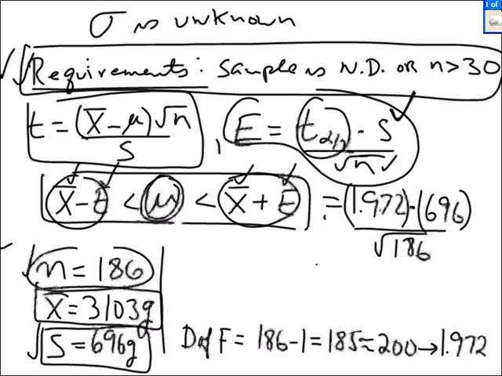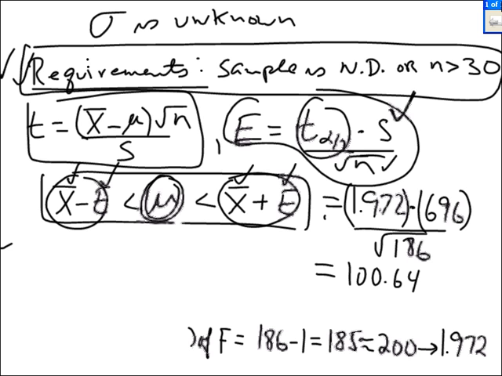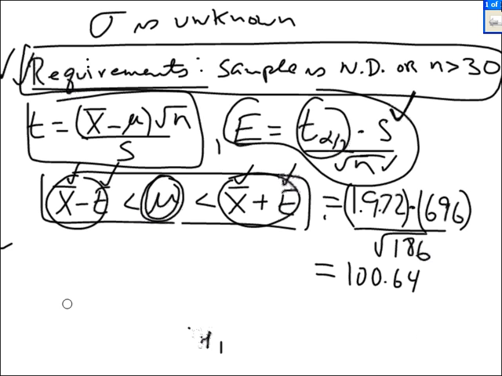Don't forget to take the square root of that. If you crank through those numbers, you would get that E is approximately 100.64. So we just want to add x bar and E and subtract x bar and E. And once we do that, we just write up the answer.